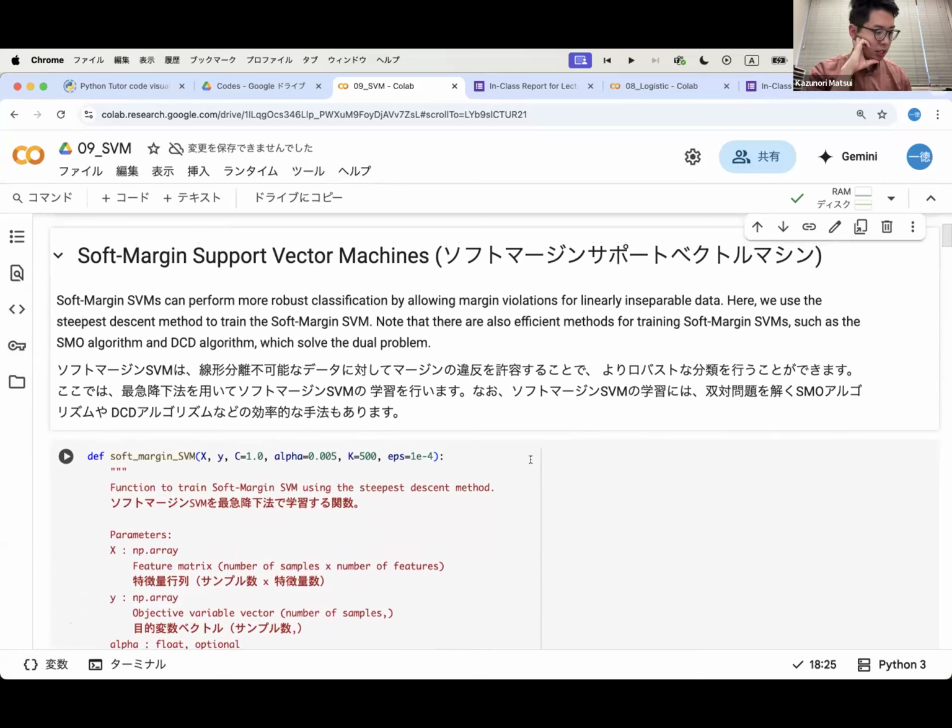As we discussed in class, this uses the steepest descent method. Actually, it would be better to use the SMO algorithm or the DCD algorithm that solves the dual problem, but we use the steepest descent method because it is the most understandable among the methods we covered in this class.